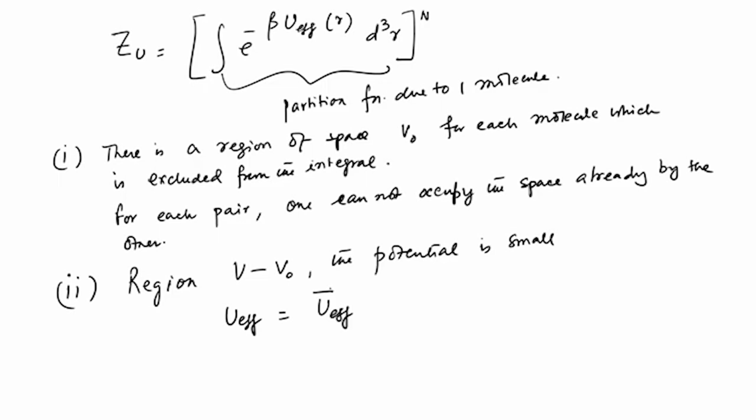Okay. So, these are the implications coming out of writing the partition function in this particular fashion. Okay. All right. So, we will have to now compute ZU, which is nothing but equal to V minus V0 times e to the power minus beta U effective, whole to the power n.